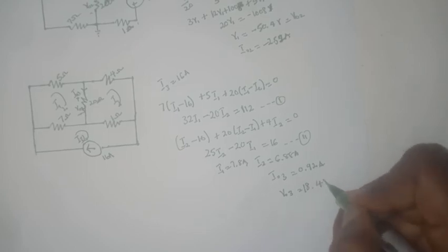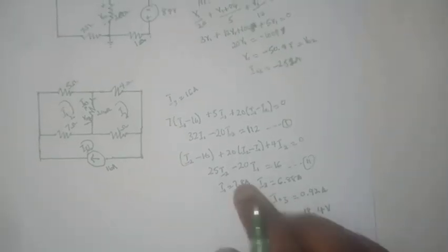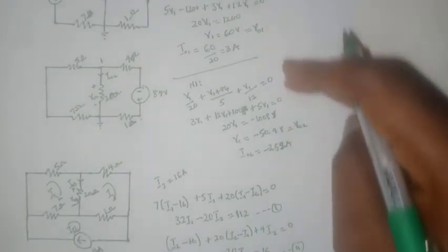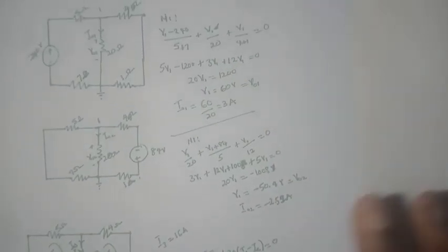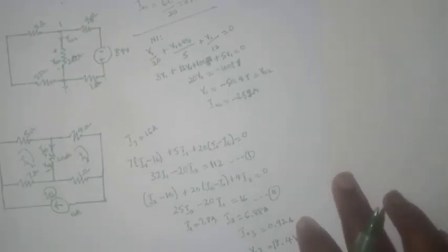So V03 is equal to 18.4 volts. Now that we have these three values, we can add them together, and that will give the total effect of all the current and voltage sources in the circuit.